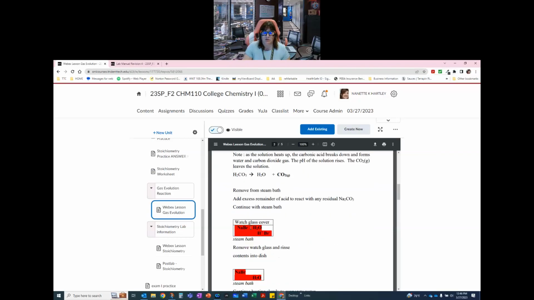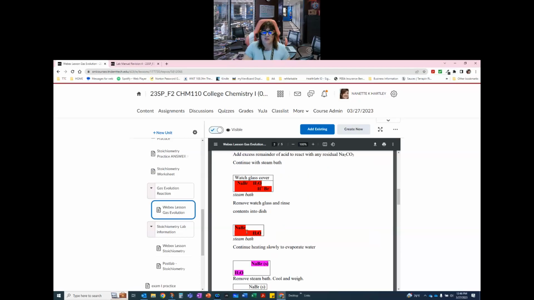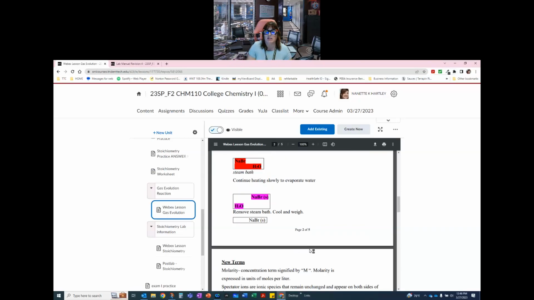All right, and then we've got our NaBr, the H2O, and the H plus and the Br minus. Remove the watch glass and rinse the contents into a dish, which we then have here. Continue slowly heating it to evaporate the water, and then remove the steam bath. So the idea is that we're going to be collecting that NaBr solid that's formed.